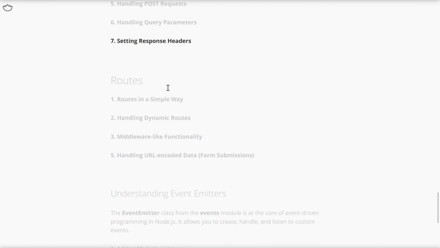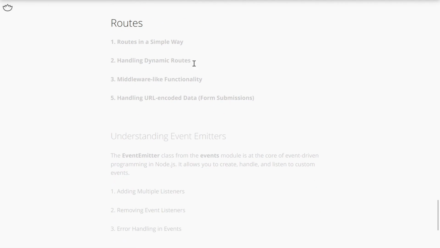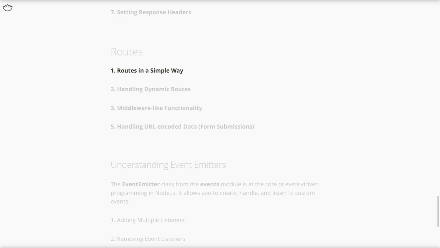Now we will learn what routes are and how to simplify the Node server using these routes. In a real application, we have to create multiple routes. Like if we have users, sellers, etc., then we have to create different routes for different purposes. Suppose we want to create a route for user, then we will create a /user route, and if I want to create the route for seller, then we will create a /sellers route.